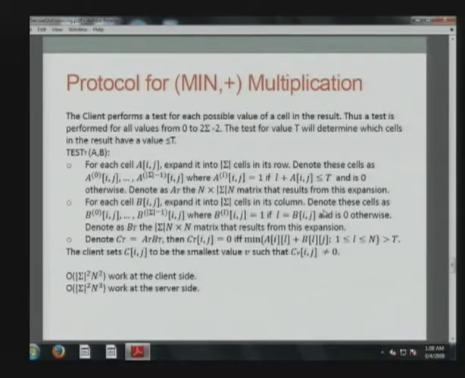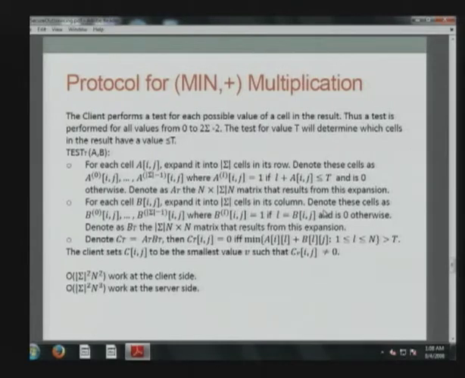If the index l plus the cell value Aij is less than the threshold t, then we set the bit to be 1. Otherwise, we set it to be 0. And we do this for B, but we expand it in a column fashion.